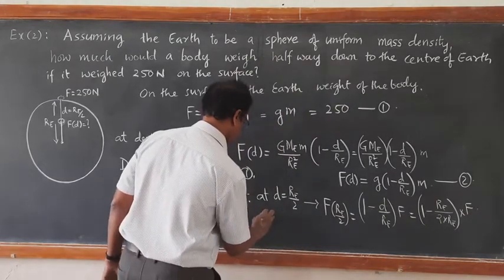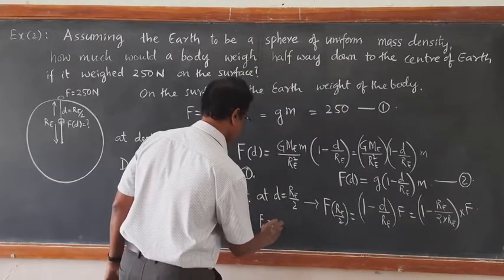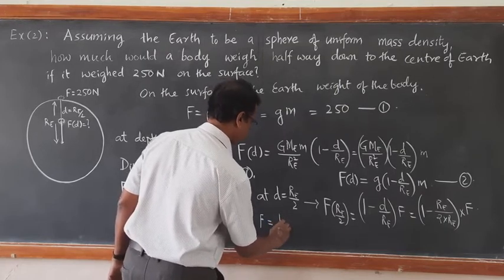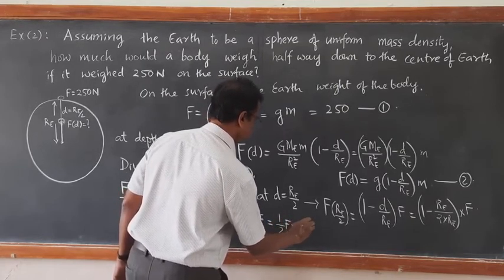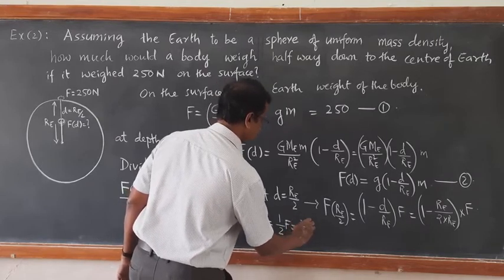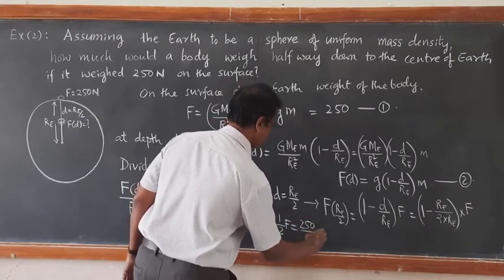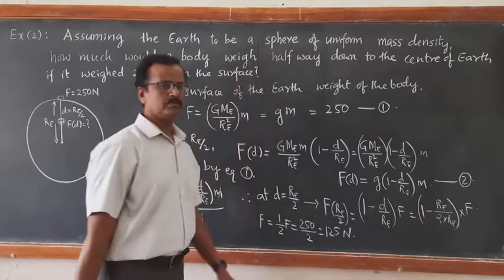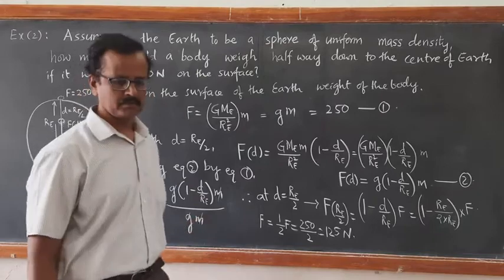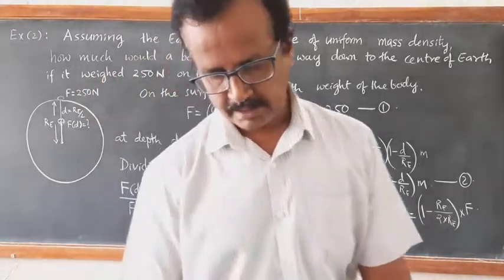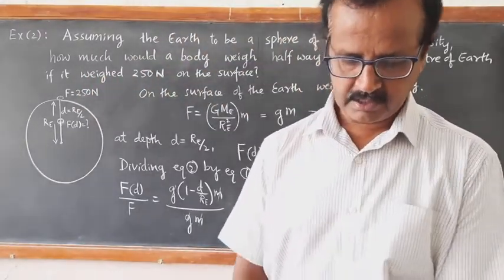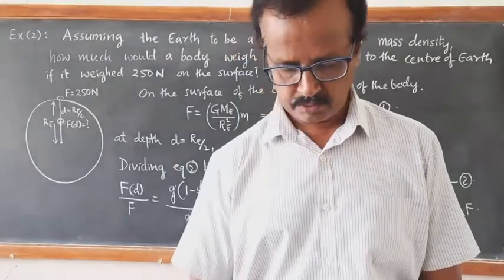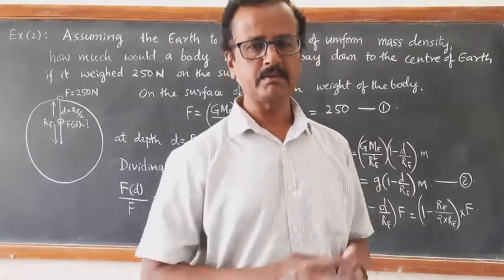Therefore the force now becomes half of F, that is 250 by 2, 125 Newton. So this is how we can solve the numerical problems. That's how we make use of the equations we have learnt. Using those equations we will be able to solve the numerical problems.